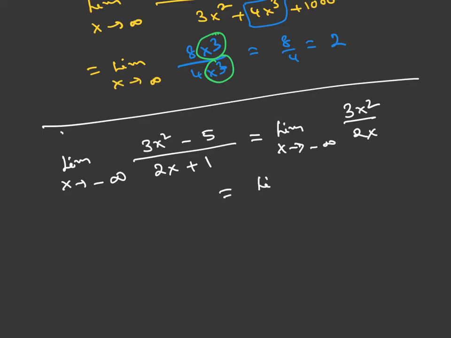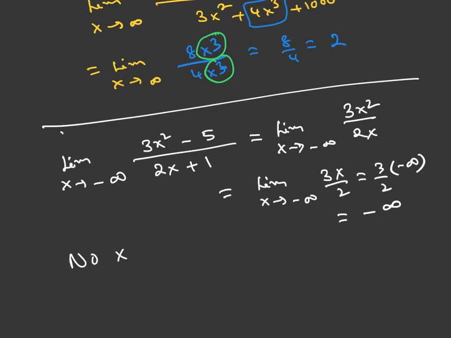What's happening here, after canceling the leading terms, the variables, you can't have x in the answer, so no x is supposed to be the answer. No x or limiting variable in the answer.